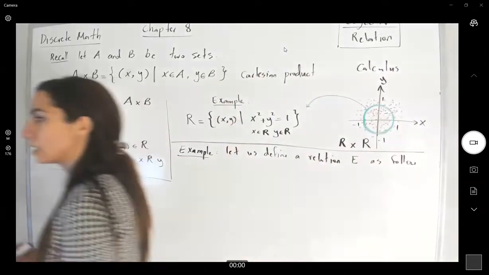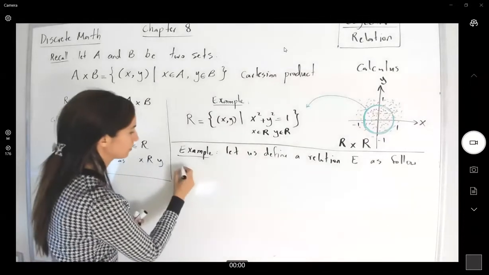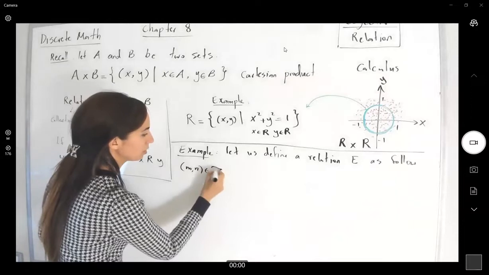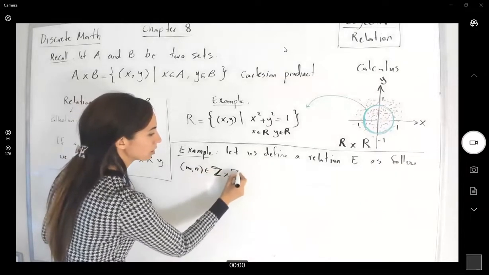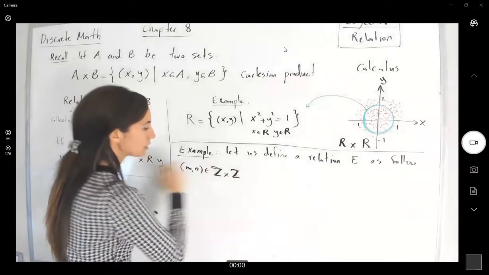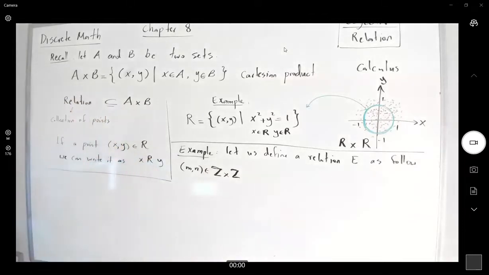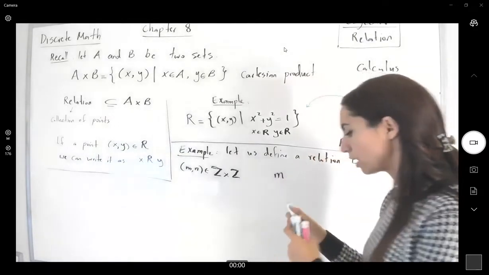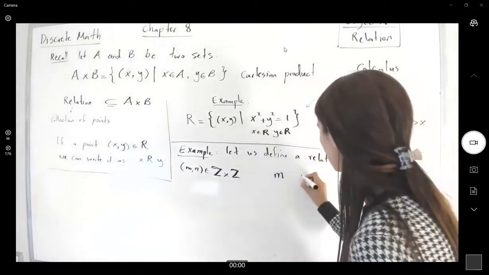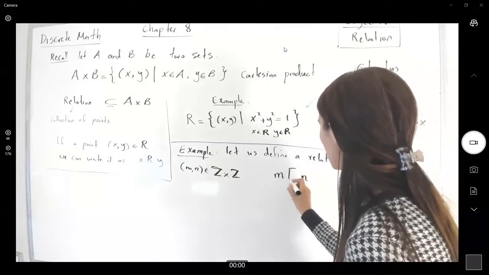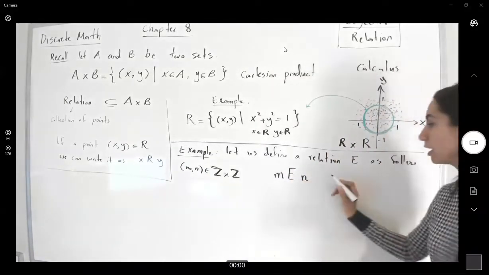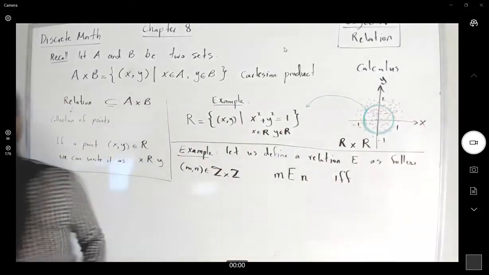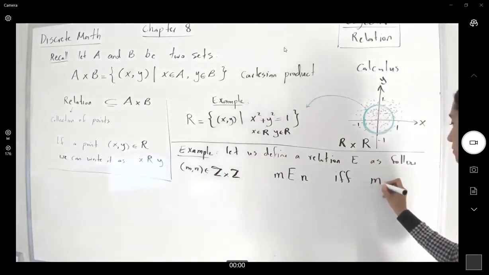We say that m and n, these are points in the Cartesian product between Z and Z. We say that m is in relation with n. We're going to use the letter E if and only if, with the condition that m minus n is even.